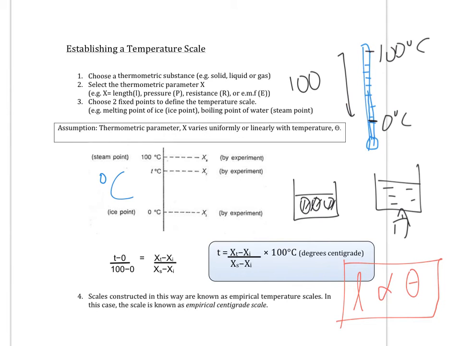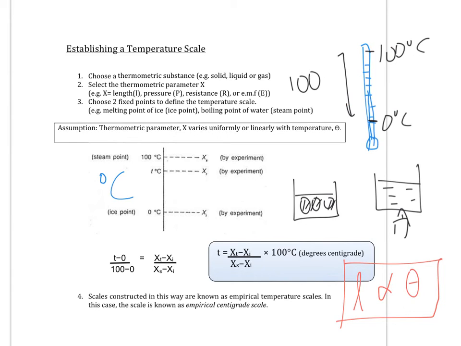Right, so if you were to calibrate your thermometer using other fixed points, then you will be able to call it a different name. For example, in the Fahrenheit scale, they actually use different fixed points than the centigrade scale. They use one of the fixed points as the body temperature, and the other one is the temperature of brine, which is salt water.